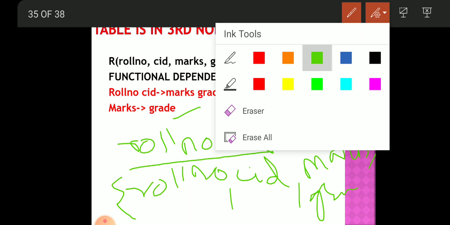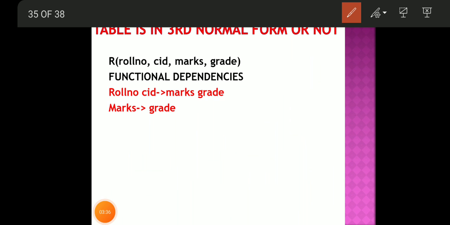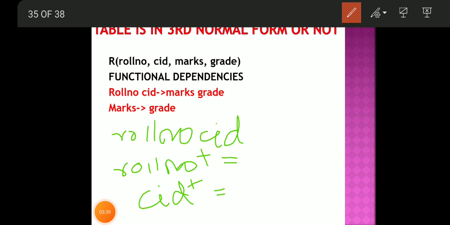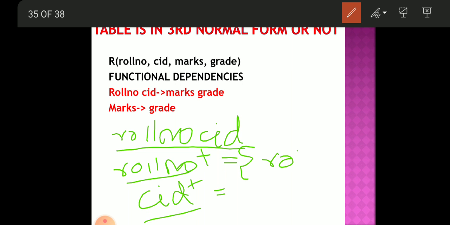Now we can check for the candidate key. We have to check the proper subsets of the super key. The proper subsets of this super key are roll number and CID. Now we find the closure of roll number. With roll number, we can only find roll number due to the reflexive property, and no other attributes can be derived from the functional dependencies.